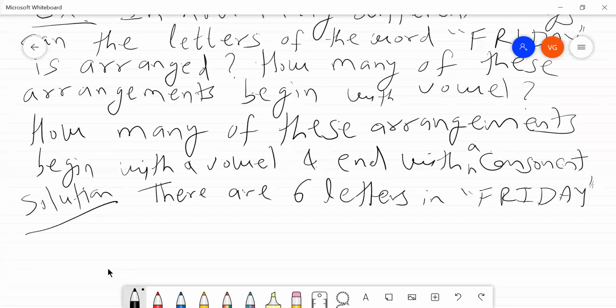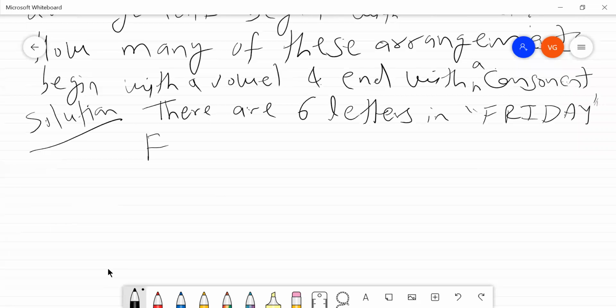What are these 6 letters? F, R, I, D, A, Y. These are 6: 1, 2, 3, 4, 5, 6. So I have to arrange these 6 letters at 6 places. Arranging the 6 letters means filling the 6 places.